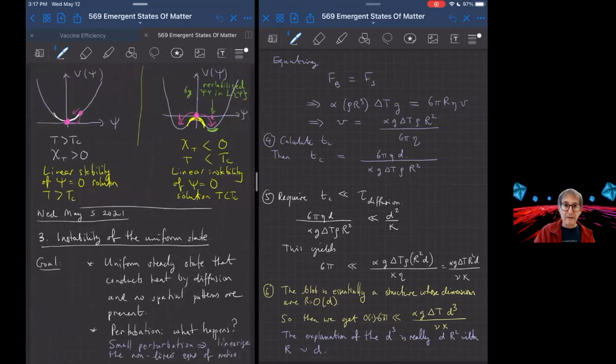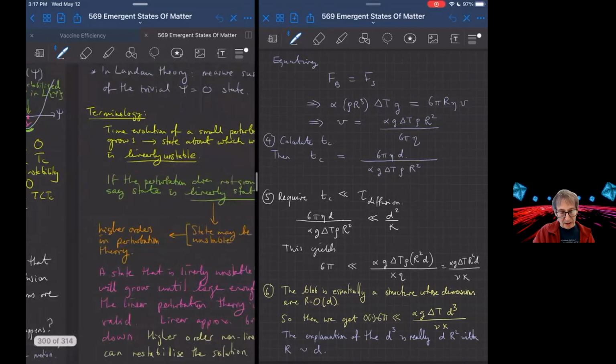Just like what we did in phase transitions, where we looked at the order parameter psi, with V being the free energy per unit volume, assuming the system is spatially uniform. And we saw that as we go below the critical temperature, the susceptibility evaluated at the order parameter being 0 becomes negative, as you can see with the negative curvature on the right-hand side.